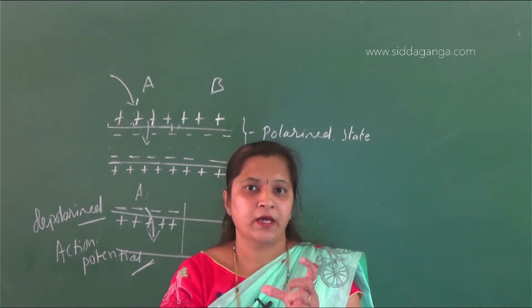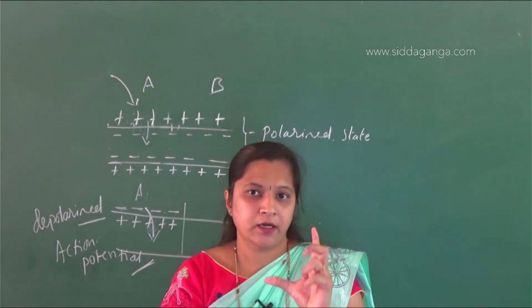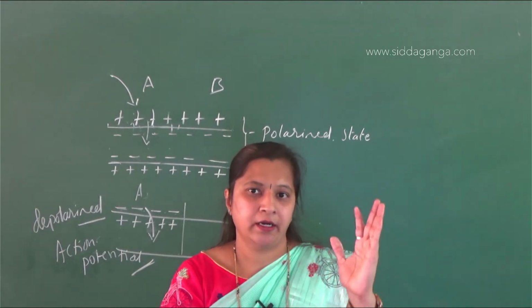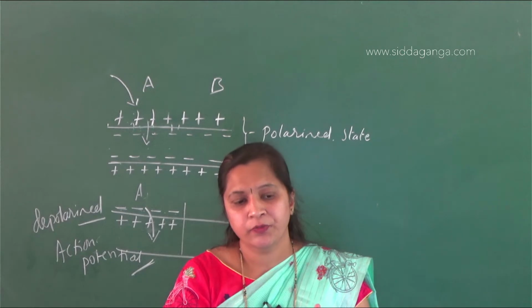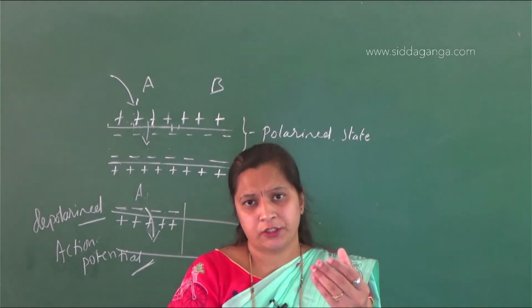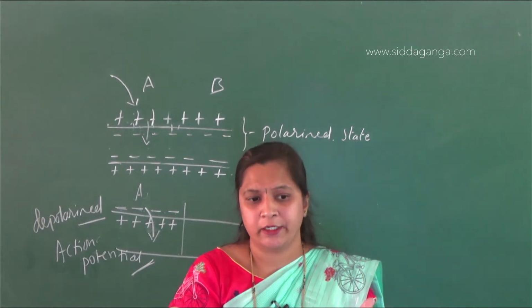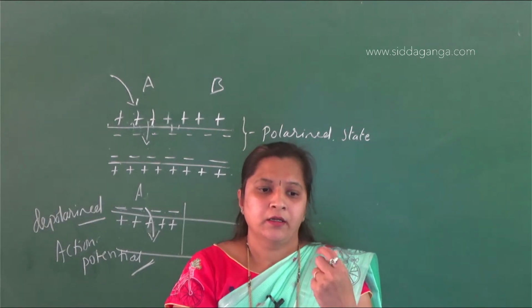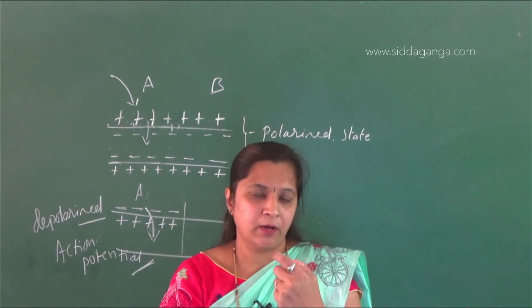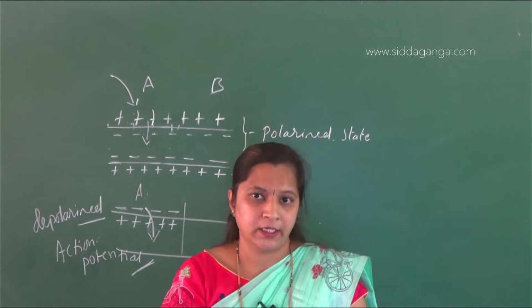A typical neuron has three major parts. One is the cell body, the dendrites arising from the cell body, and the axon. The part of the axon which attaches to the cell body forms the axon hillock. Arising from the cell body is another long process that is called the axon.